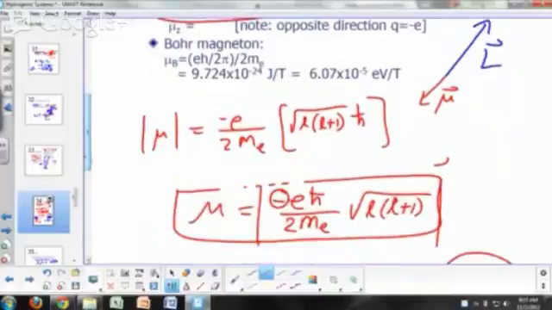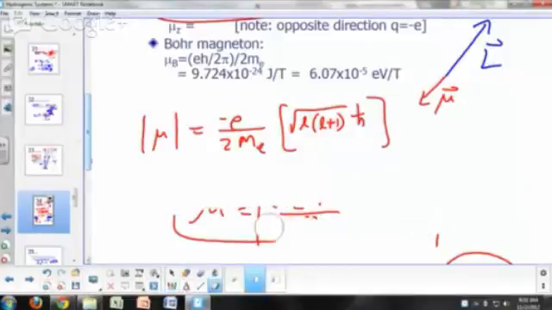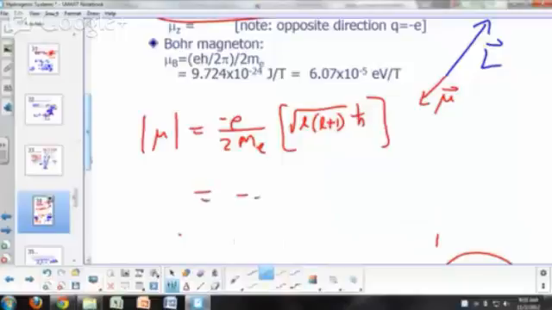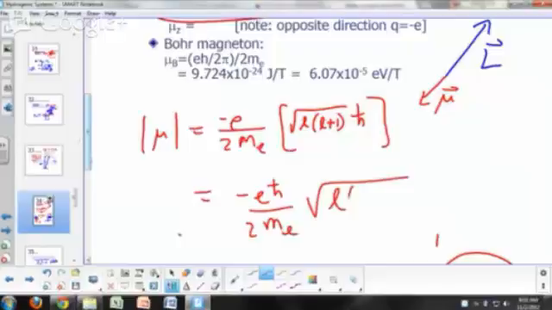When we do this, you get negative e h bar over 2 times the mass of the electron times square root of L, L plus 1. Since we're only taking the absolute value, you don't have to worry about that negative sign.